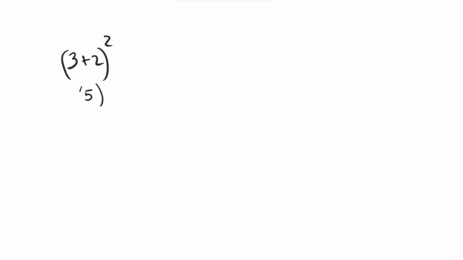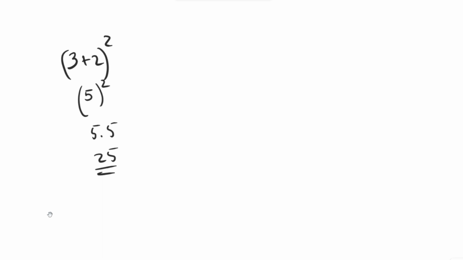But as you get that 5 here, you keep the parentheses here, and you keep the square. This is 5 square. So what is 5 square? 5 square is the same as 5 times 5. Not 2 times 5, okay? It's 5 times 5. This is equal to 25. That's your answer. All right?